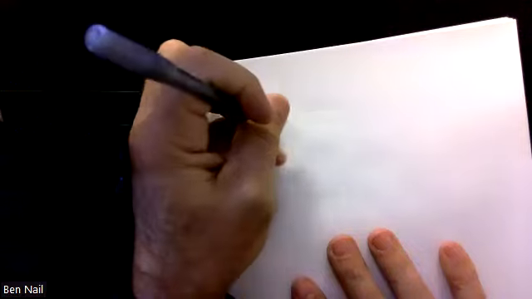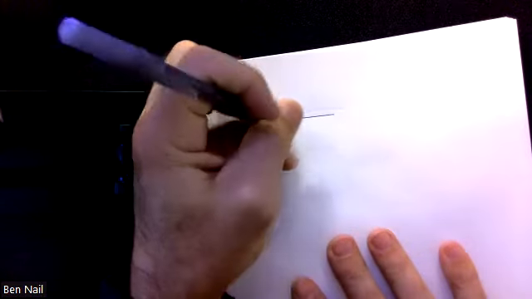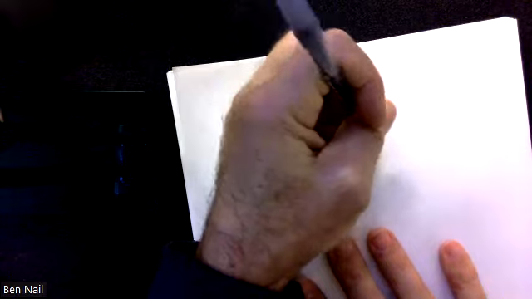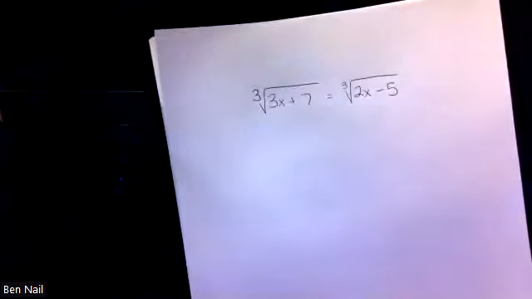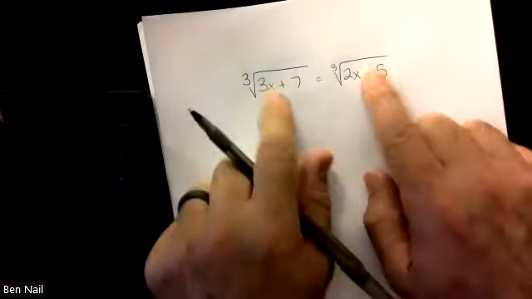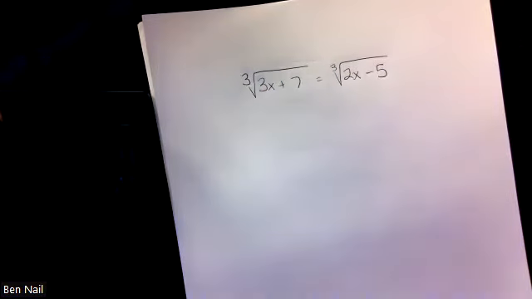All right. The last type of equation they may give you that we have to deal with is if they have radicals on both sides. When you have two different radicals, the steps are to isolate the radical.